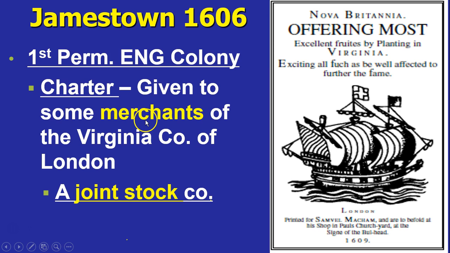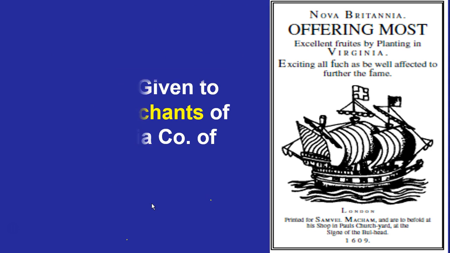As you look at the words, the term merchant and the word joint stock, merchants jointly coming together. Think of a joint in your arm or your knee joint or elbow joint, two bones coming together, two merchants coming together, merchants with some money invest in this effort to establish the settlement there so that they can draw resources back to England and make money off of it.